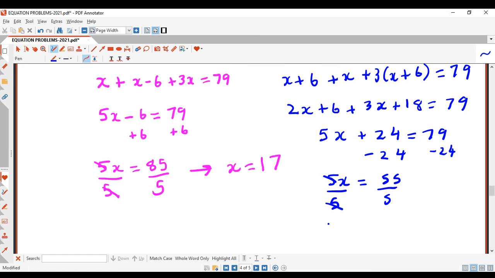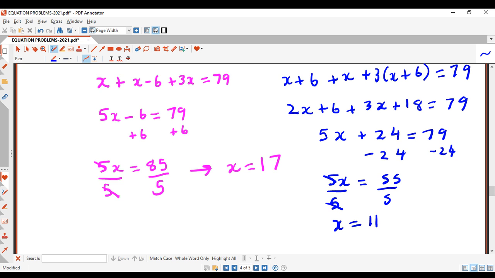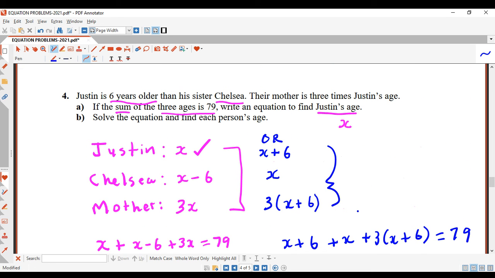Now, some of you will be saying, yeah, but you got a different answer. Well, we did because we had a different equation. But when I work out the ages of the people, so let's have a look. In my answer here, x is 11. Now, if x is 11, then Justin is 17. So I'll write down Justin equals 11 plus 6, which equals 17.